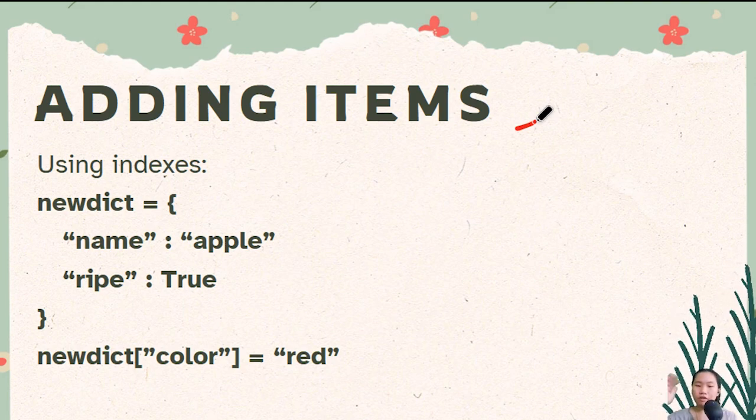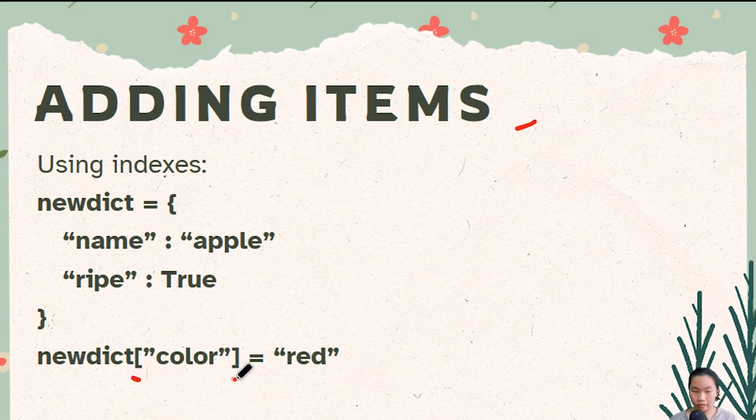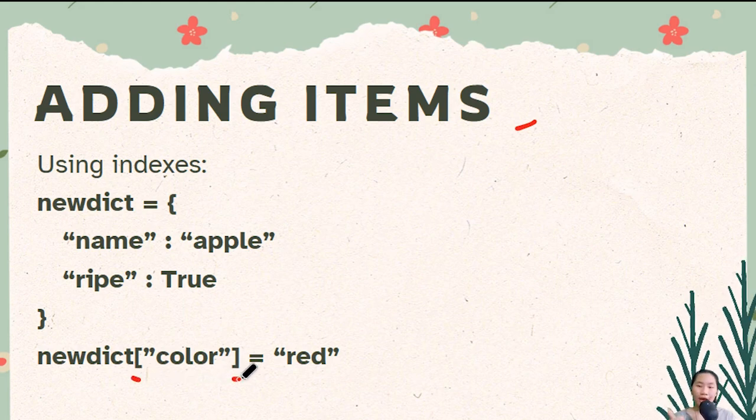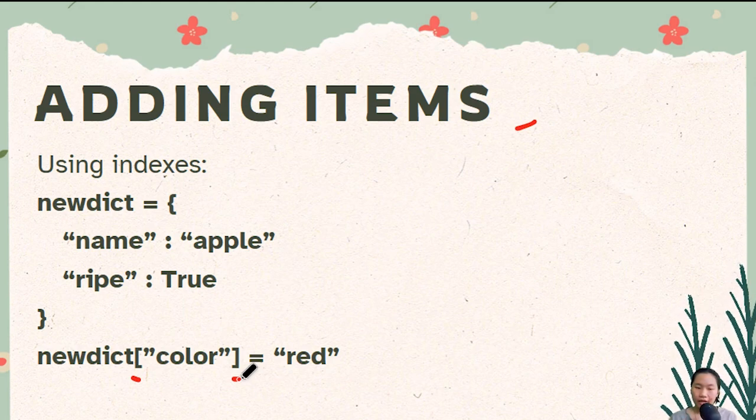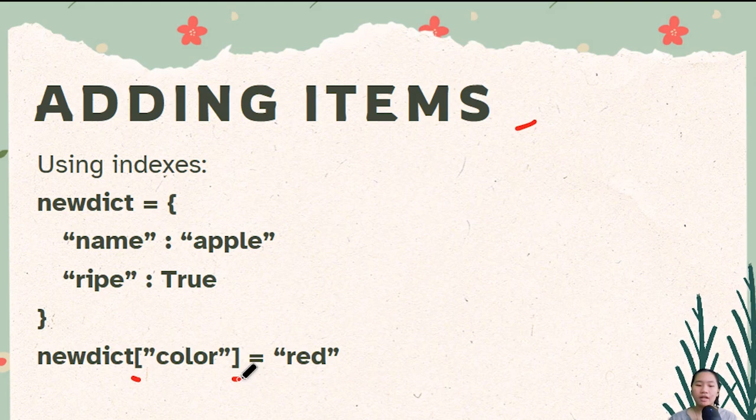You have key value, and it's all ordered like that, and you can use indexes, specifically square brackets with double quotes, to add as well as change dictionaries. Now I have a new dictionary with the name apple, and ripe is true. And after this statement, new dictionary color, red, another key and value pair will be added, which is color and red.